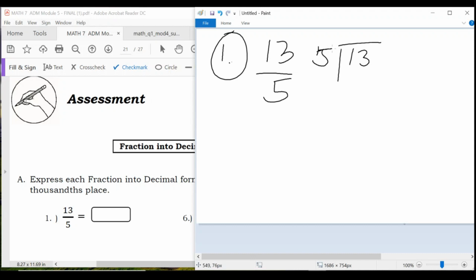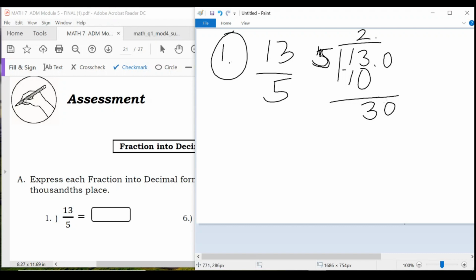Alright? So, 13 divided by 5, that is 2. So, 2 times 5, 10. Then, 13 minus 10 is 3. So, we have here the decimal point. So we will add another place value. So add 0, then bring down 0.